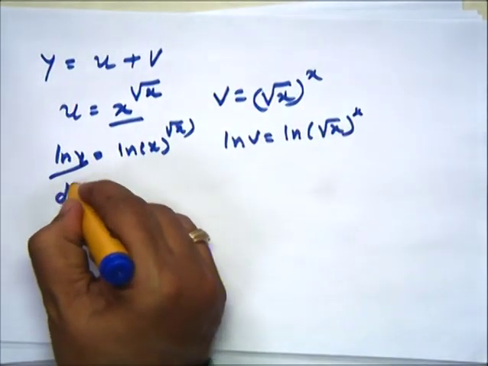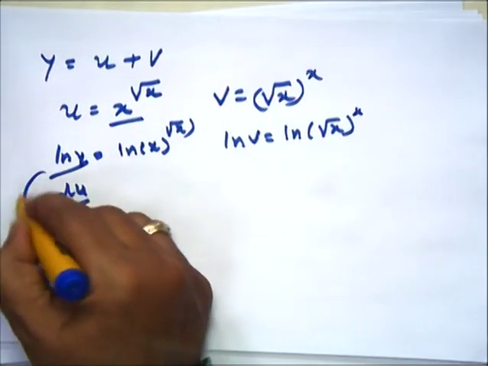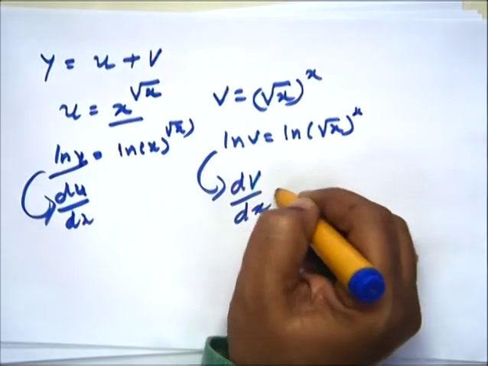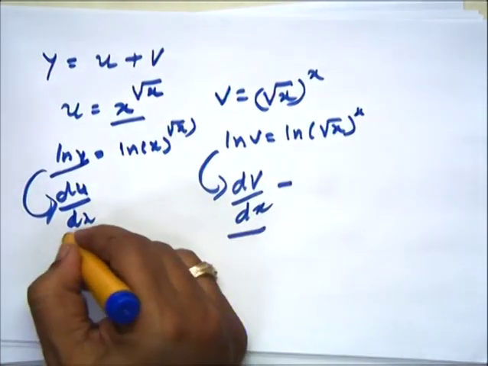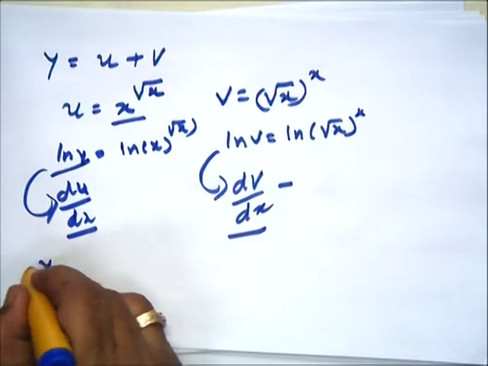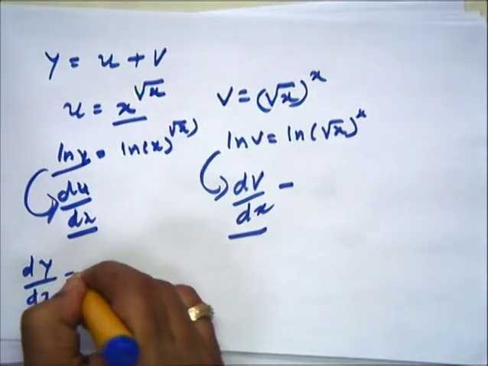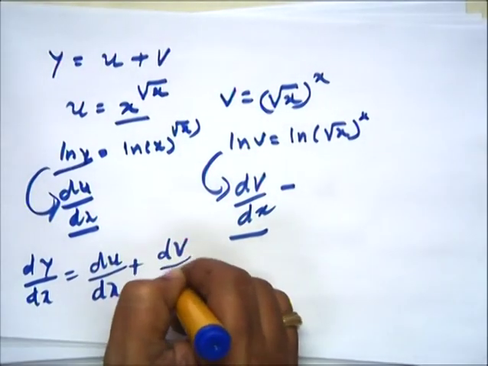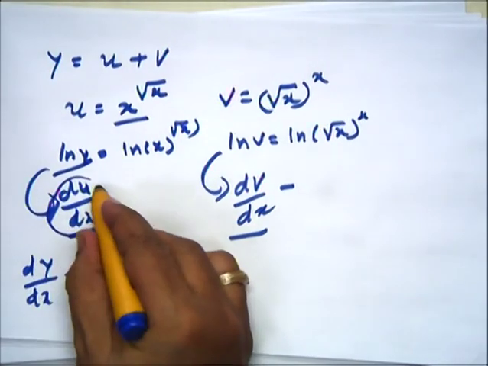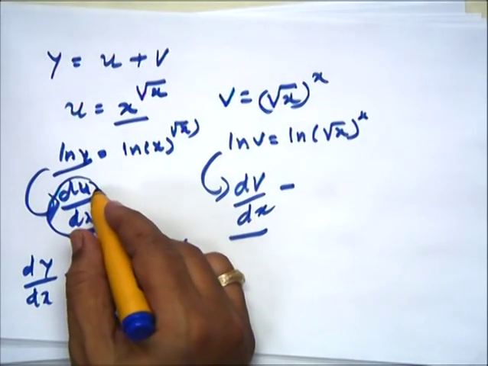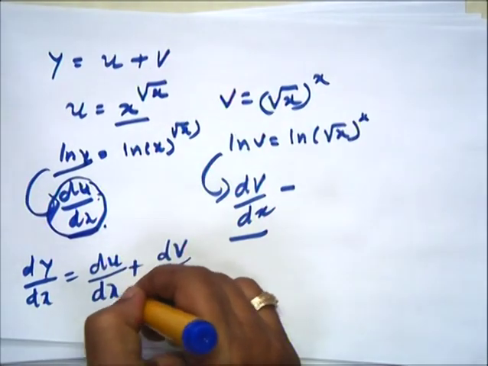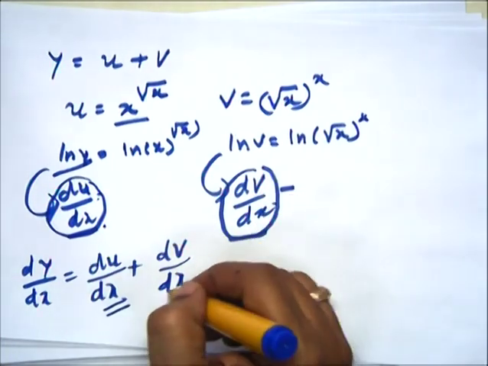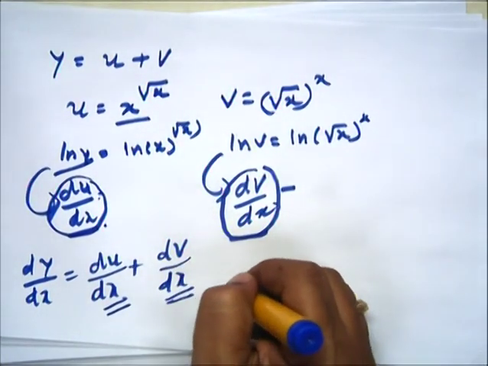Get derivative of u with respect to x from this, get the derivative of v with respect to x, and then dy by dx is equal to du by dx plus dv by dx. So whatever derivative you get for u with respect to x, you substitute here. Whatever derivative of v with respect to x you are getting, you substitute here and get your final answer.